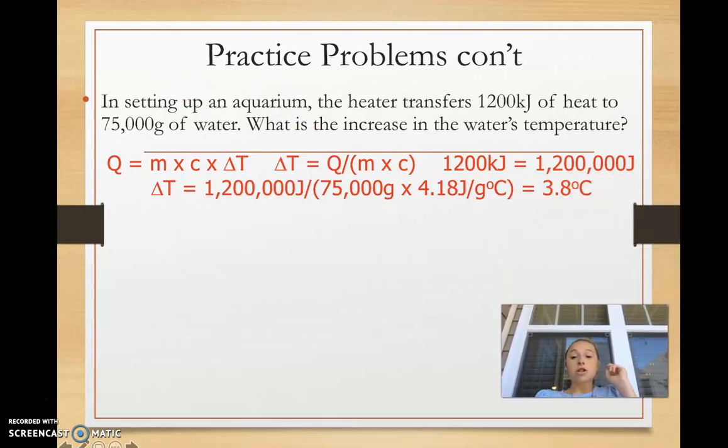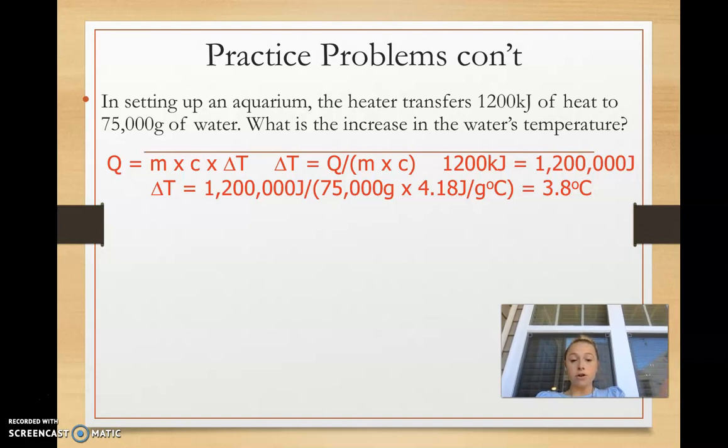So 1,200 kilojoules, we have to change that to joules, and you're going to multiply that by 1,000 now, and you can see that you get 1,200,000 joules.